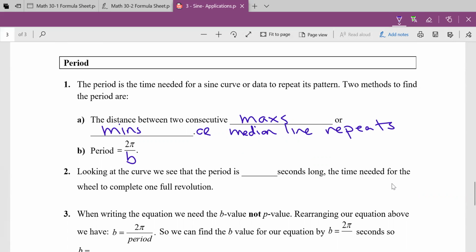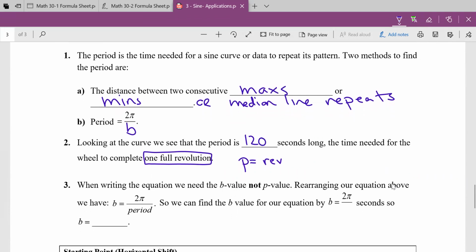So number 2, looking at the curve, well, we know the period of this thing is 120 seconds because they're going to have to give us that in the information. So it's the time it takes to do 1 full revolution. So the period is the time it takes to do a revolution. Okay, so again, relating it to the context.